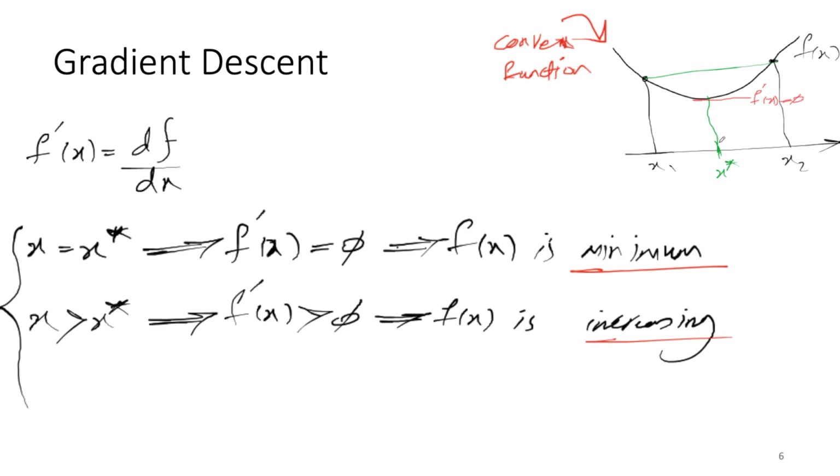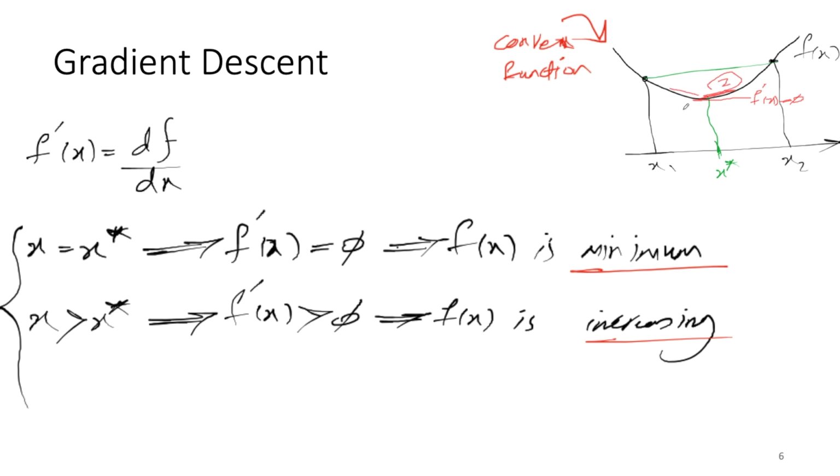And the two other cases: in the case that you had already passed this one, the slope was getting uphill, so the gradient was positive for case number 2.